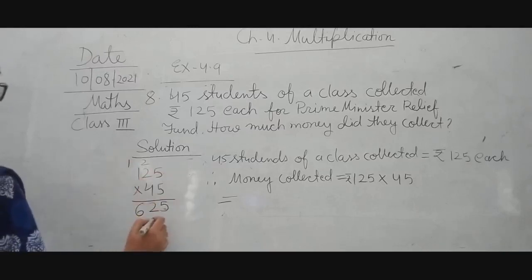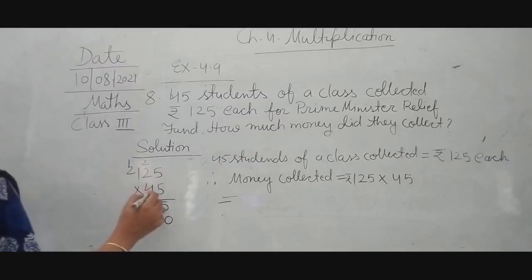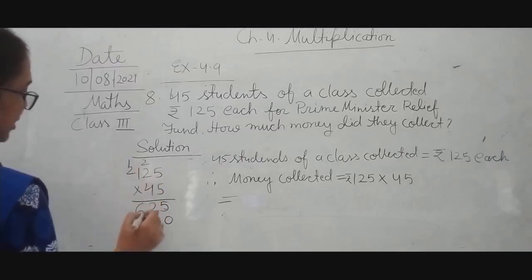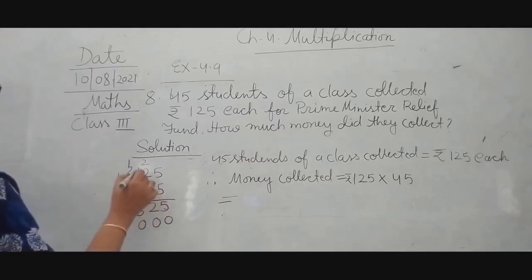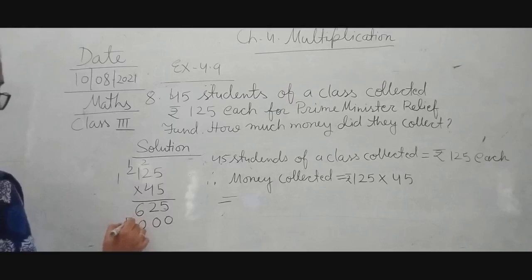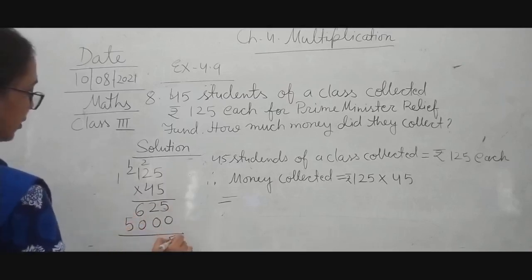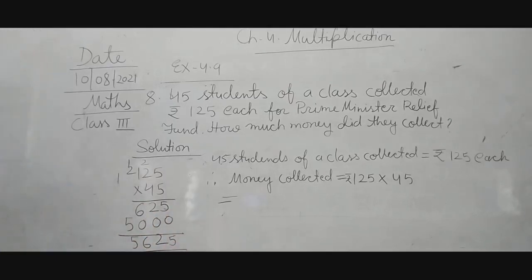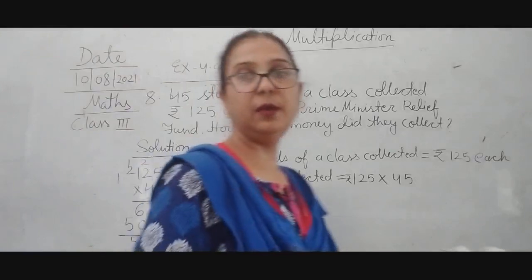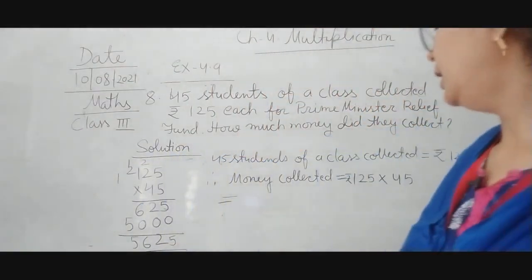Now 4 5s are 20, we will write 0 and 2 will be carry over, 4 2s are 8 and 2 is 10, again 0, 1 will be carry over, 4 1s are 4 and 1 is 5. So here children you will see 5, 6, 2, 5. So 5,625 rupees they had collected.